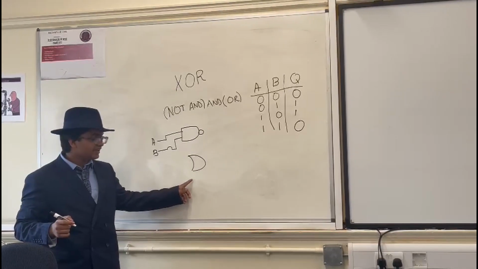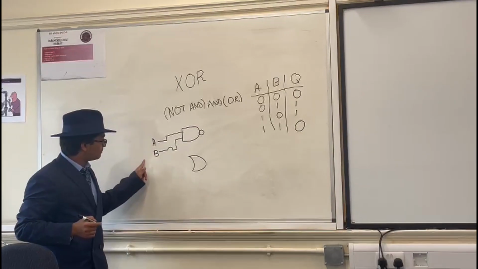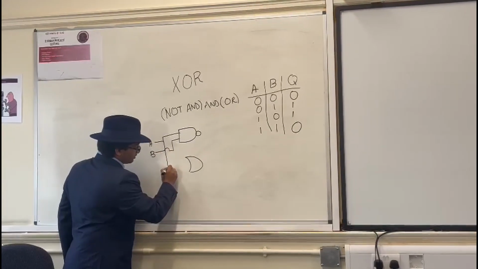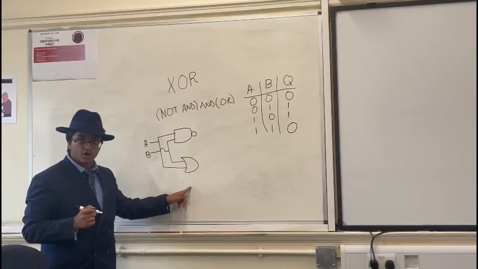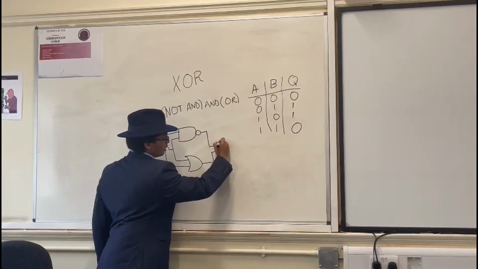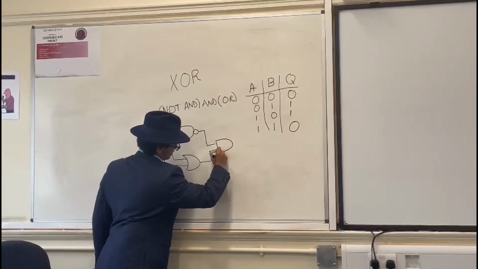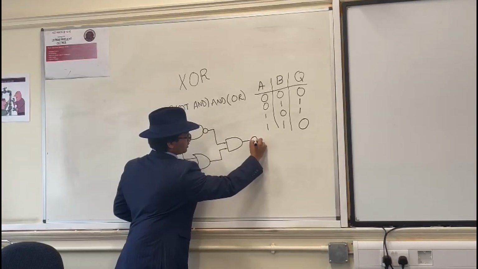We are going to take the standard operation OR of A and B. So we shall now draw this in. Once we get the output of this, we shall now AND the operation. This will give you your answer Q.